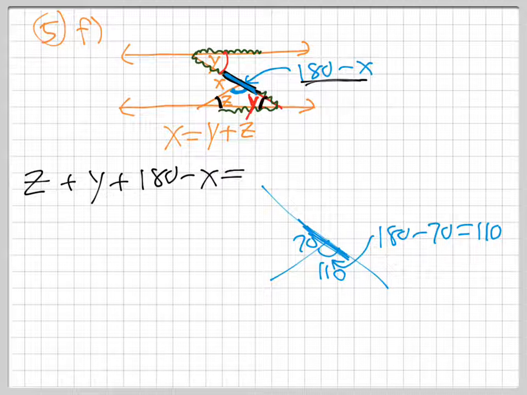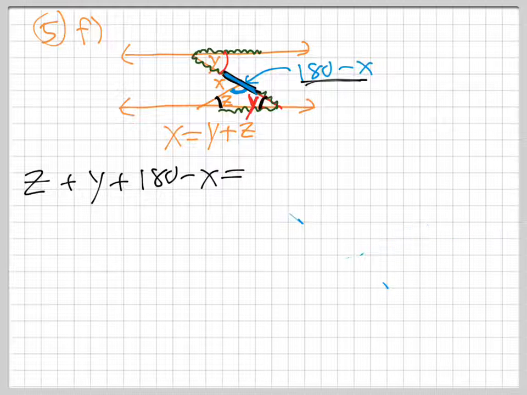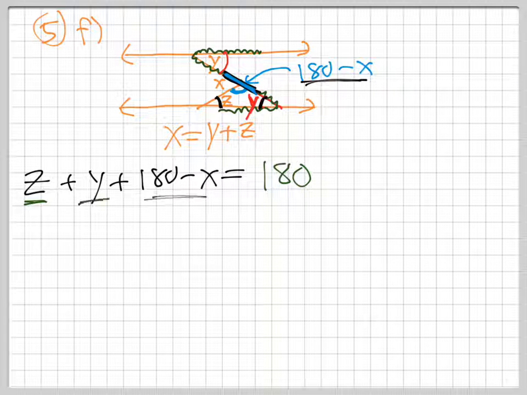All those must add up to be what? They're in a triangle, so they must add up to 180, because the z, the y, and the 180 minus x are the three angles we reasoned out inside that little triangle. Tracking with me? Those all must total 180.